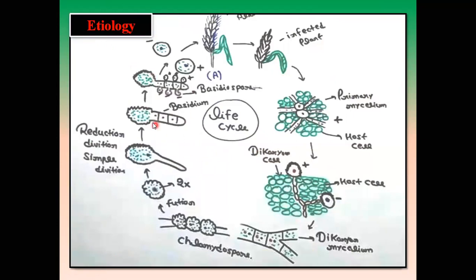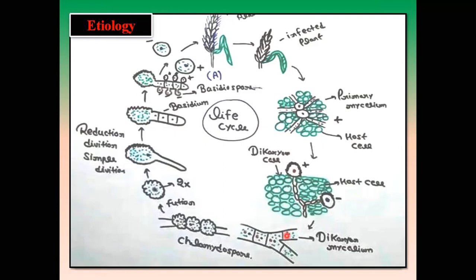Okay, so see the disease cycle or life cycle of these Phasolotheca or Sporosporium pathogens. Suppose at the time of harvesting, some of the infected grains fall on the land or soil.